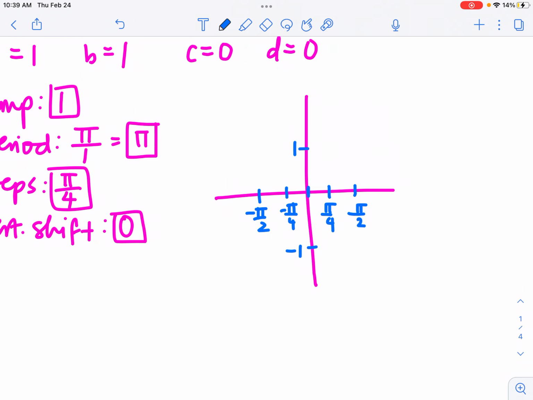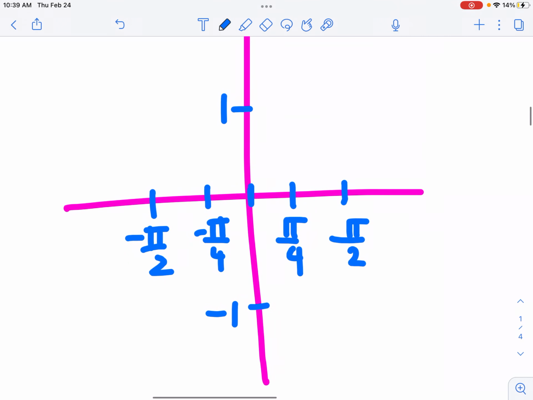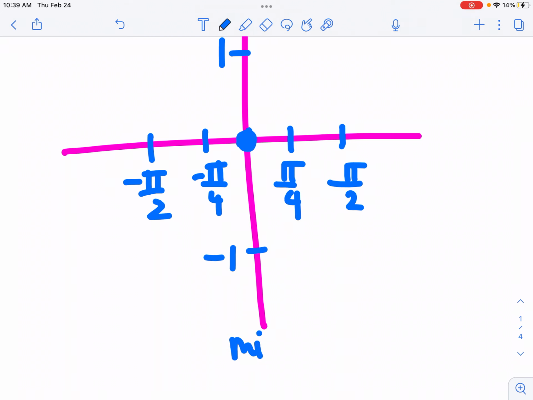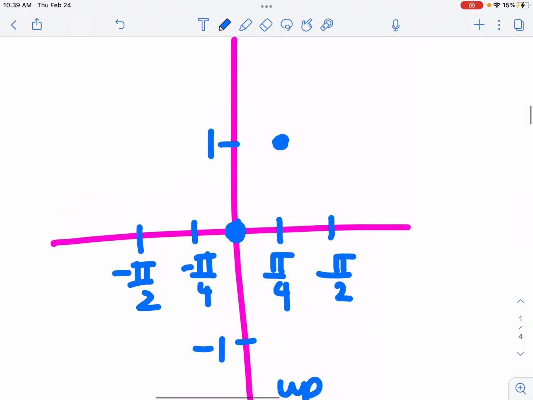So we always start with the center point. At least I do. I guess you don't really have to, but I like to start at the center point. And the center point is always going to be on your midline. So you technically start middle, and then you go up. Then 1 step over, and you go up. So you have a point right there. So you go middle, up, and then asymptote.